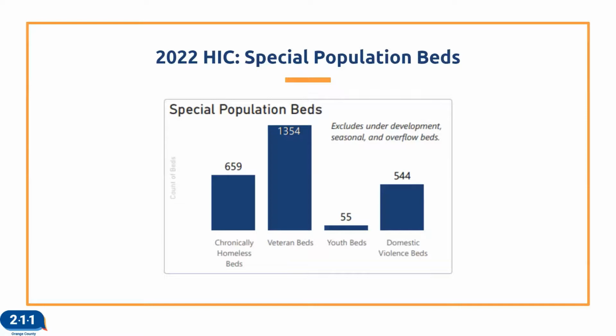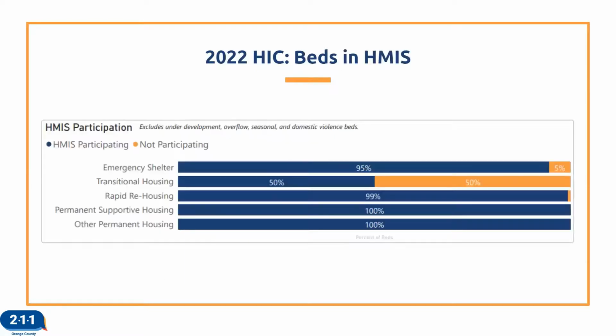We have over 1,000 beds that are targeting veterans, almost 700 beds for chronically homeless, over 500 for domestic violence, and then 55 beds for youth clients. And youth is where everyone in the household is age 24 or under. Next slide.